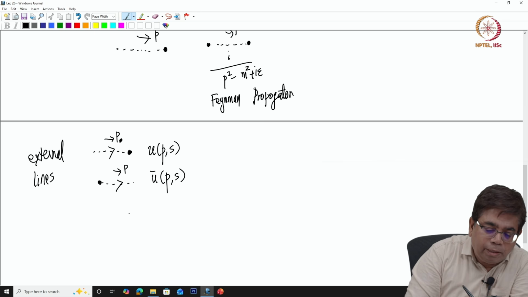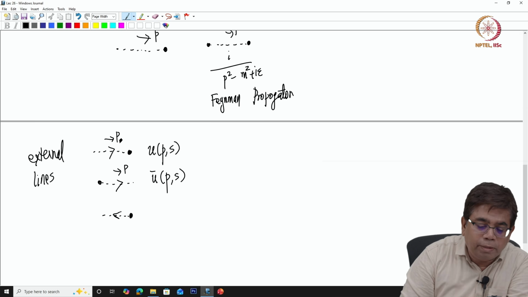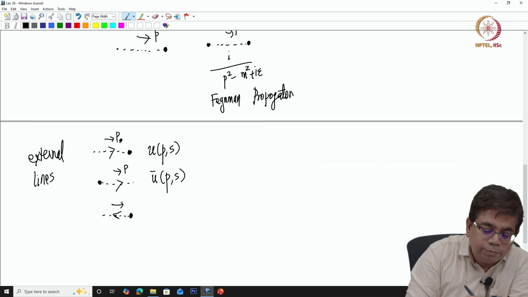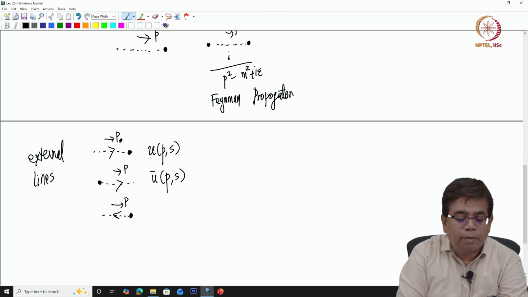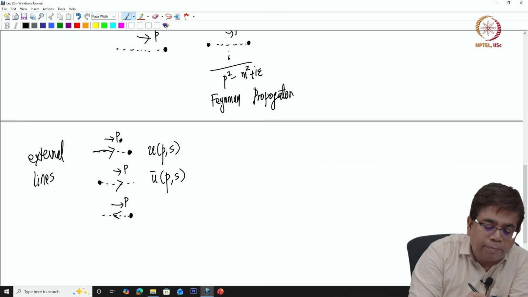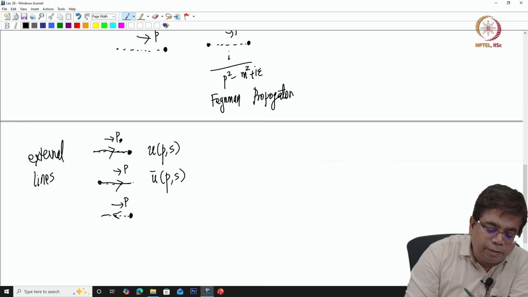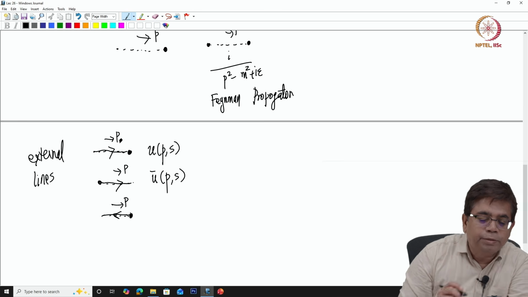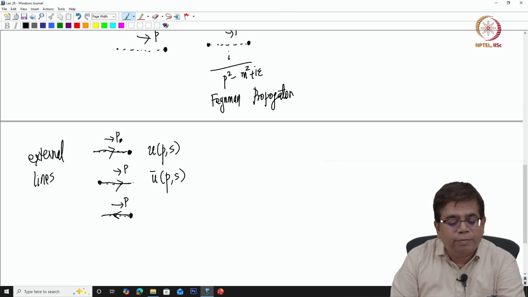Similarly, for an incoming antiparticle, you remember the signs of the antiparticle and the particle are interchanged. For a fermion we typically introduce a solid line. So we have a solid line.